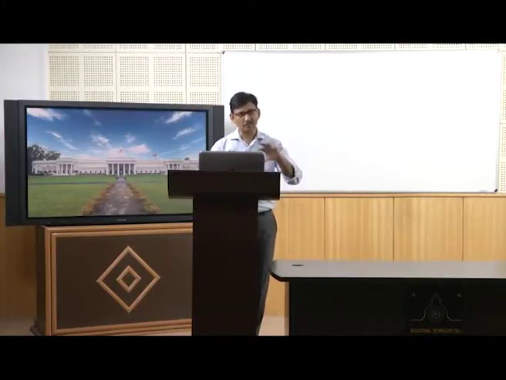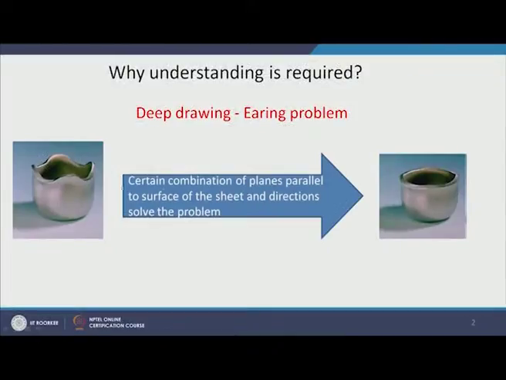To control which type of planes and directions are parallel to the surface and parallel to a certain direction, if you do a good control, then you can get rid of this earring problem. When you have the earring problem, you have to remove this much material to get a final shape like this.